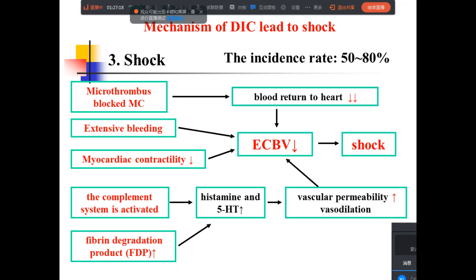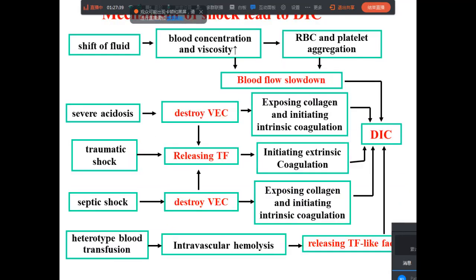So during the refractory stage, the intrinsic coagulation pathway is also stimulated and viscosity increases. Maybe with hemolytic anemia, red blood cells and platelets also release tissue factor-like factors. So that is how shock leads to DIC.